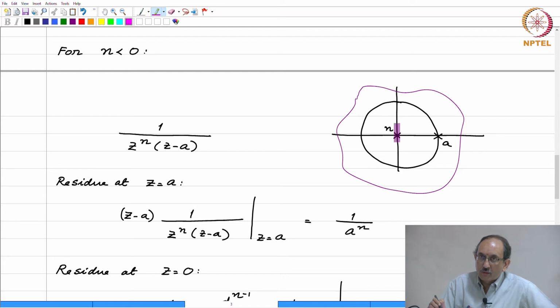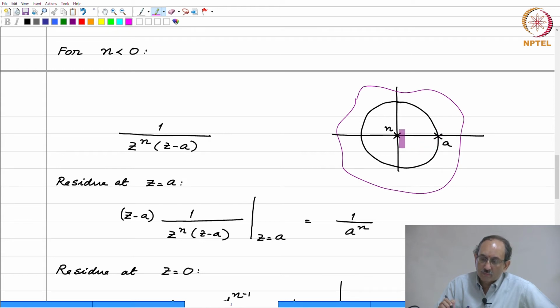Now, to see the difference, if you take exactly the same x of z, but now you consider mod z less than mod a, and if you work the problem out, you will take the contour C, which always has to be in the region of convergence. Therefore, this contour C will lie inside the circle mod z equal to mod a. And then you will see that in that case, it will not encircle the pole at z equal to a.